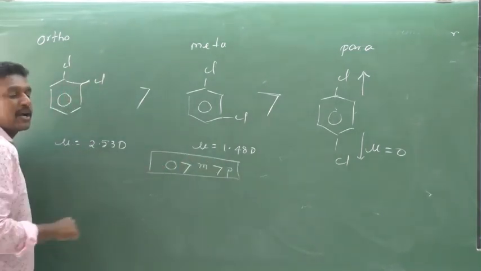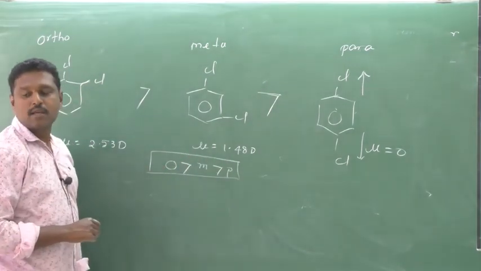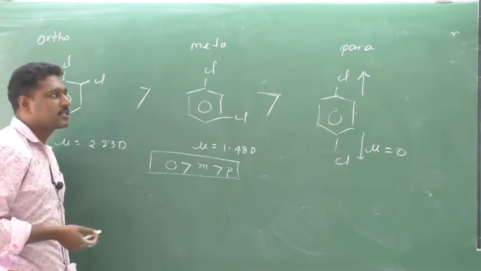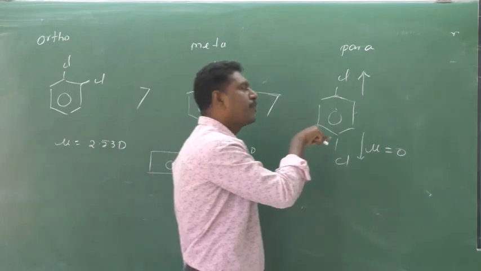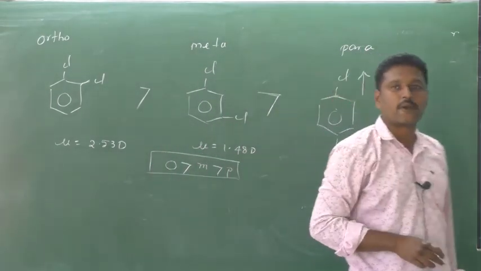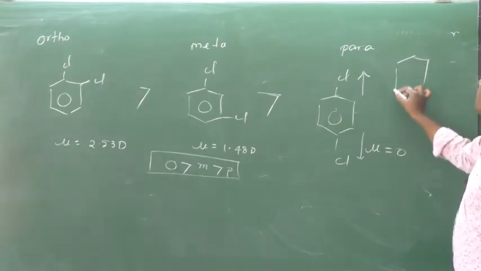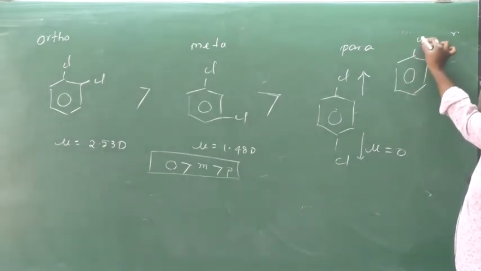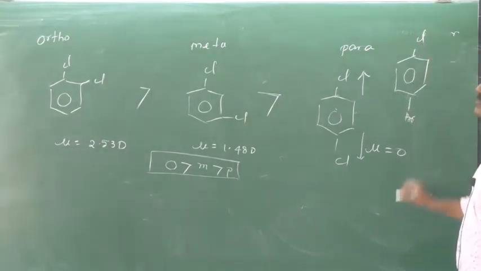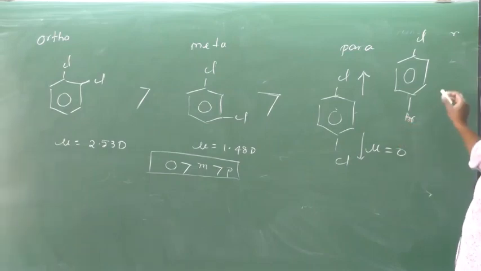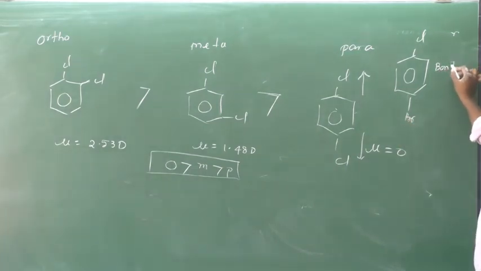So not all para isomers have the same type of mu. I will take one example. Here the same groups are there, chlorine and chlorine. But if we take bromine instead of chlorine, the bond moments are not cancelled by each other.